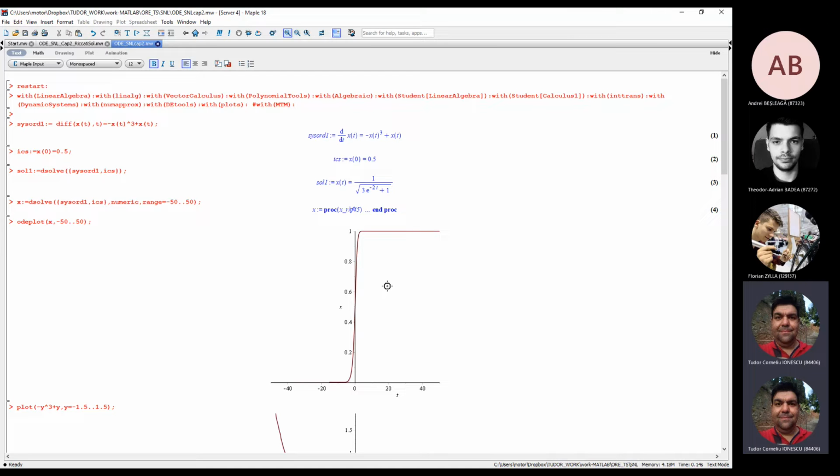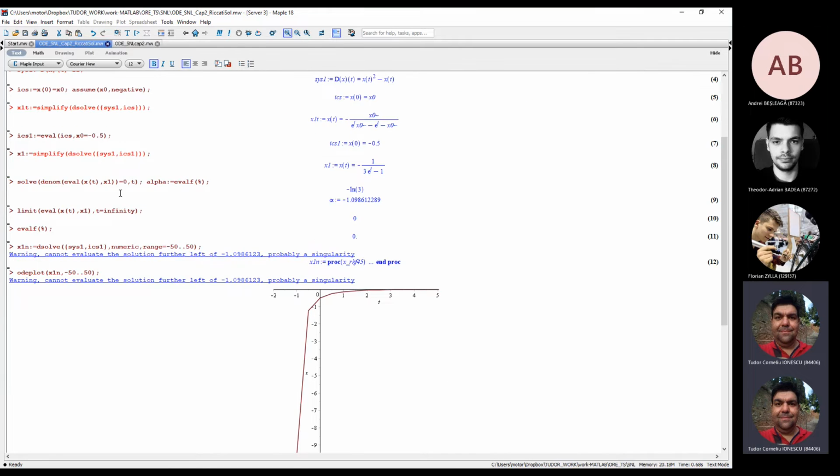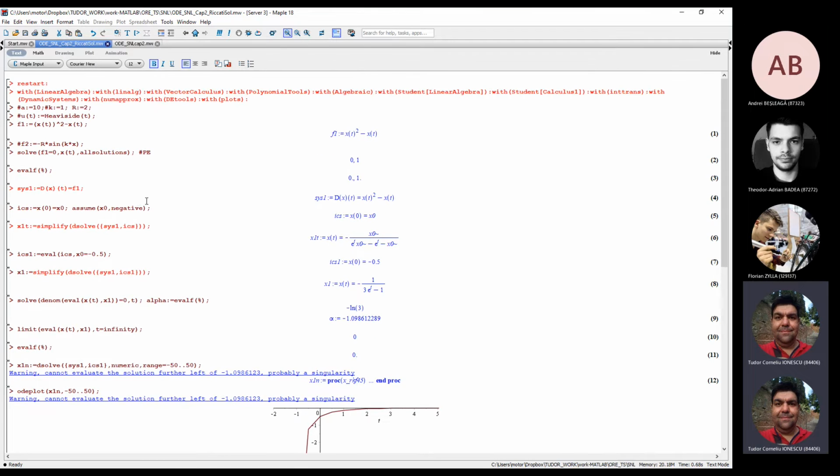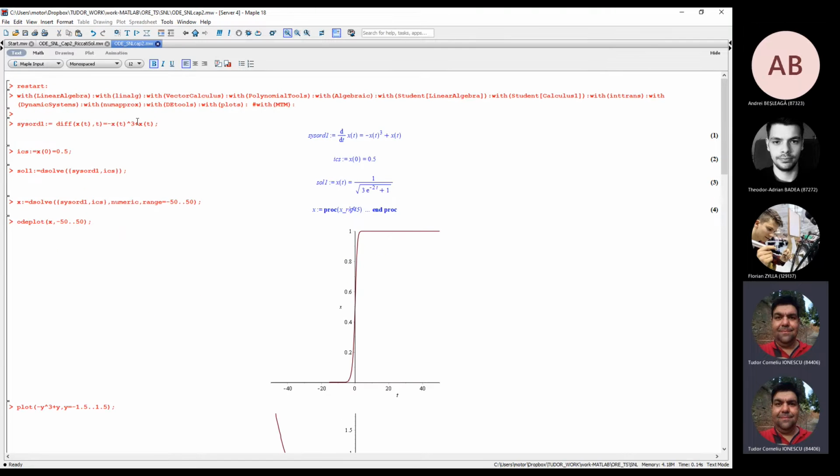You can see my Maple sheet here. On this part, earlier I showed you this Riccati equation solution in this symbolic environment. And now we can build another Maple sheet where I can show you different other examples, okay?